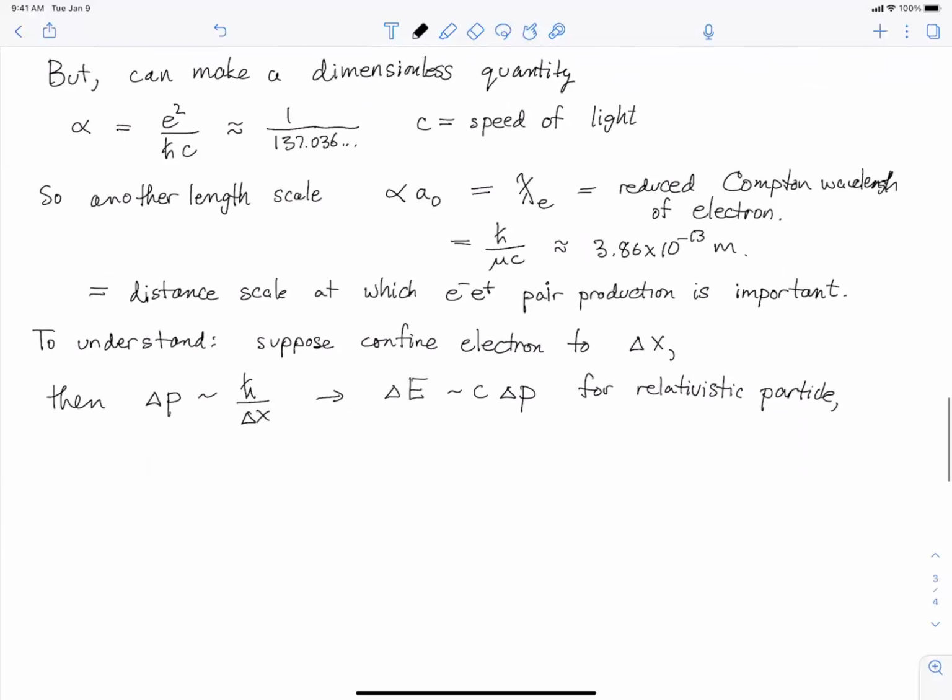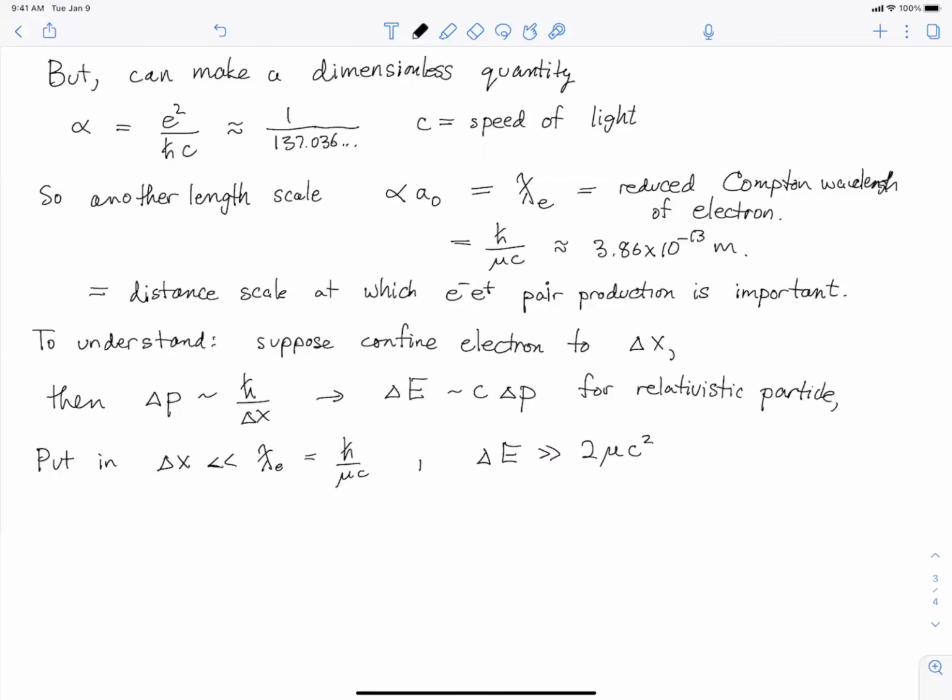Okay, and so if you put in delta x is much, much less than the reduced Compton wavelength, which is h bar over mu times c, then you will find delta E is much, much greater than twice the mass of the electron times the speed of light squared.